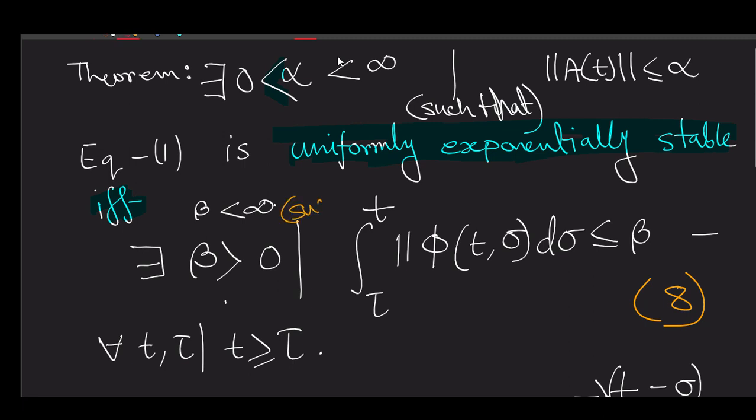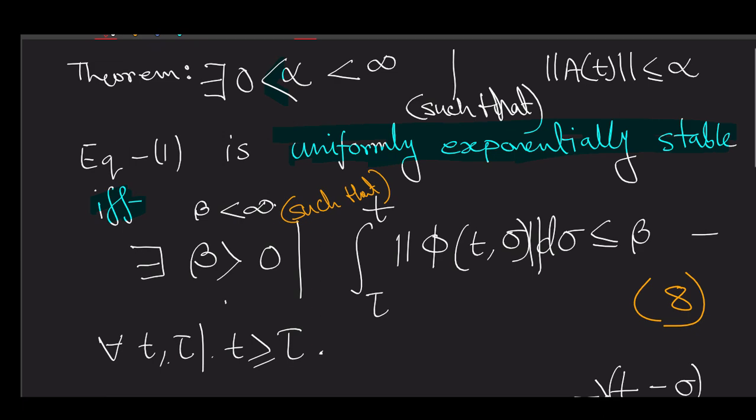You should read it like such that. Develop this habit of reading these mathematical symbols without difficulty. So such that this is less than or equal to beta for all t, tau such that t is greater than or equal to tau. Every vertical line should be read as such that.